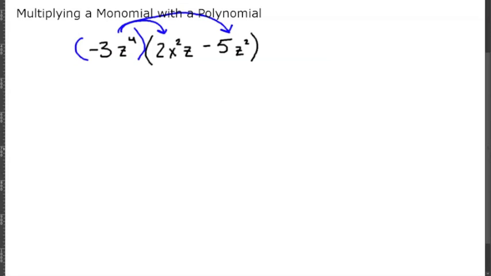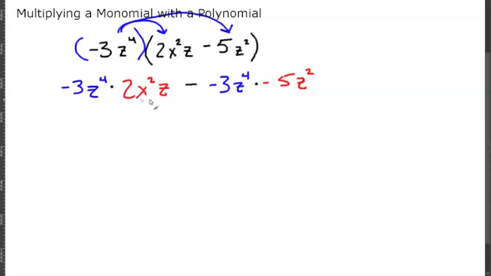So we're going to have negative 3z to the fourth times 2x squared z, minus a negative 3z to the fourth times a positive 5z squared.